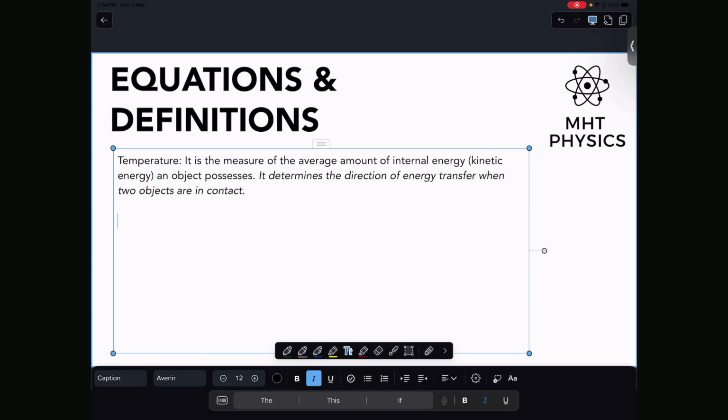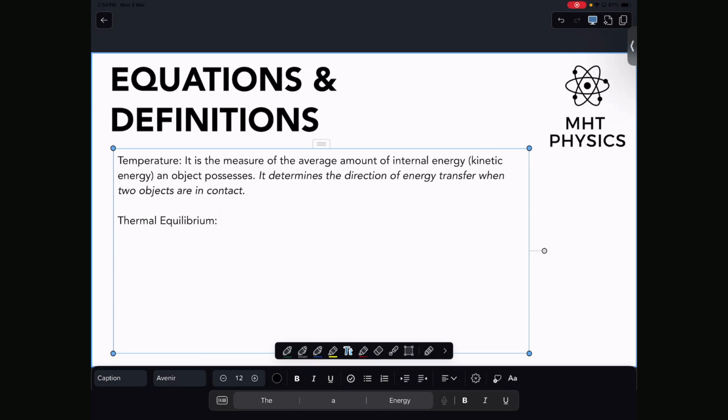Right, can you tell me what's thermal equilibrium? No? Right.